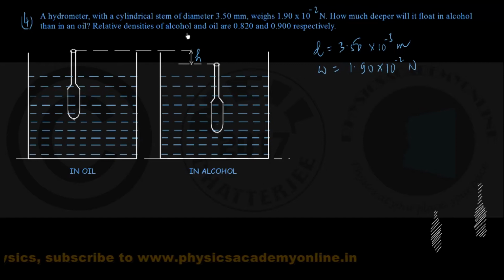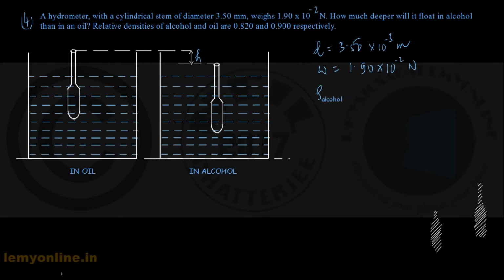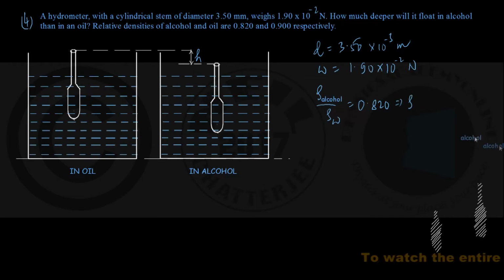Further given, for the alcohol, relative density is 0.820, which means the density of alcohol by density of water, this ratio is 0.820, but since density of water is known to be 1000 kg per meter cube, we conclude that the actual density of alcohol is 820 kg per meter cube.